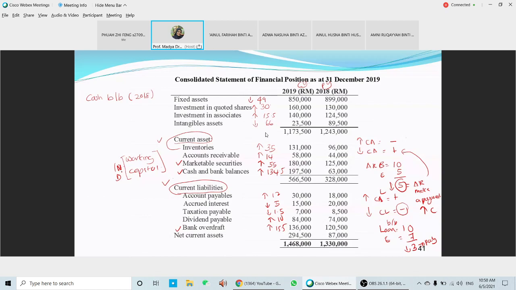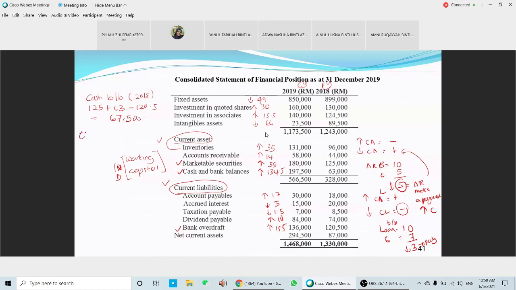Marketable securities 1 to 5, plus 63 from cash, and then bank overdraft, we need to minus 120.5 here. So the amount for the beginning balance that we have here is 67,500. Okay, this is your beginning balance.